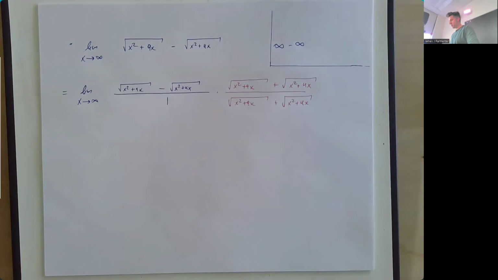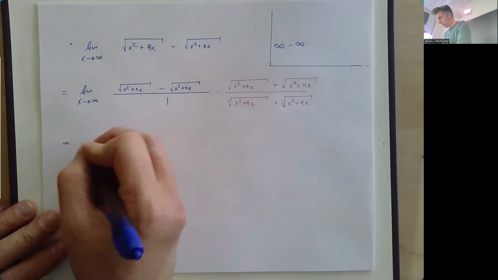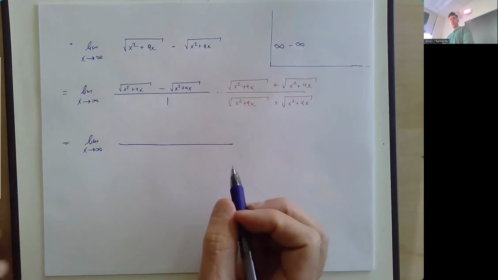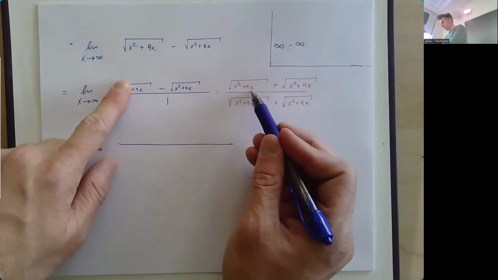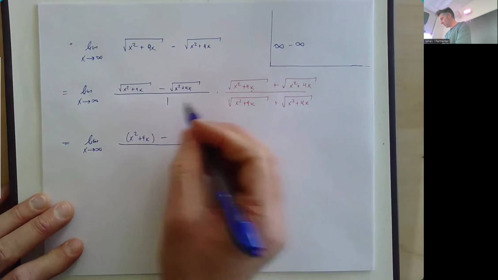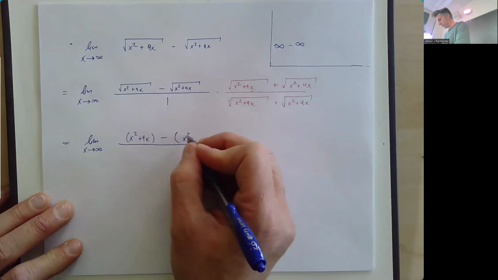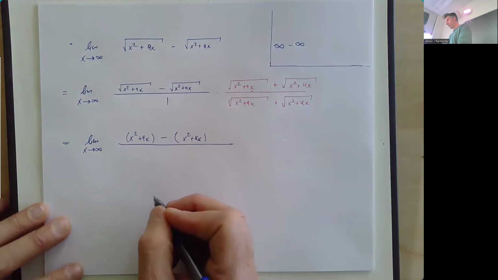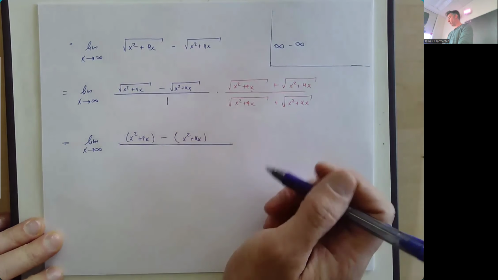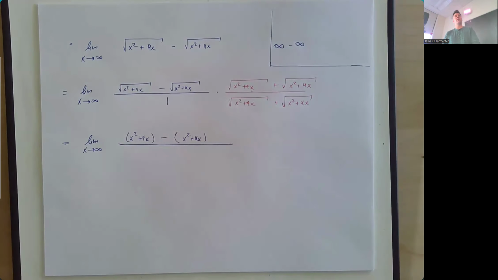Let's see what happens. When we multiply out the top, the usual thing happens where they're conjugate. So you get the first thing squared, which is x squared plus 9x, minus the second thing squared, which is x squared plus 4x. On the bottom, I've got the square root of x squared plus 9x plus the square root of x squared plus 4x.